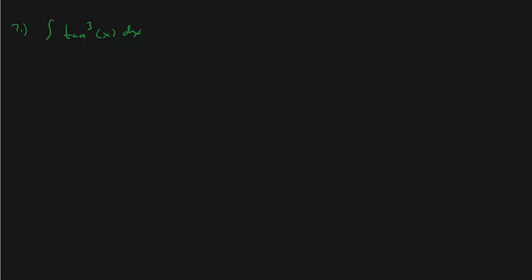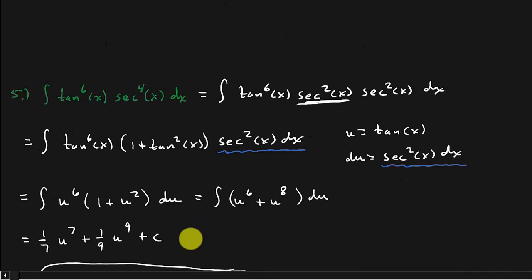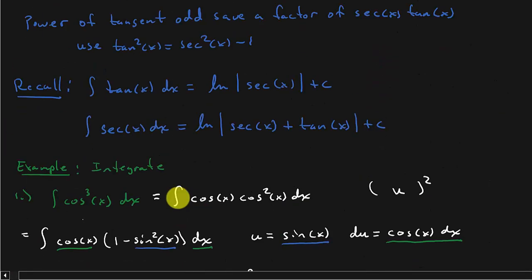All right, so let's take a look at that. Maybe use substitution, maybe something else. I don't know, but let's just take a look at this one. So I've got tangent cubed x. So my exponent on tangent is odd.